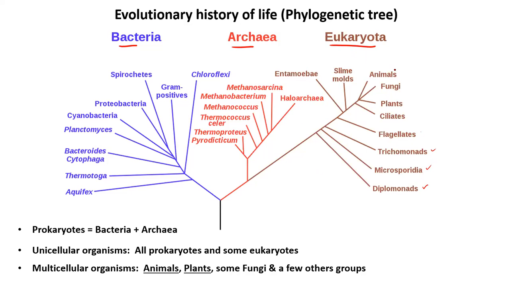But for the most part, the multicellular organisms are the animals, the plants, and some fungi. Okay, so some fungi are also multicellular, but not all of them. But all animals and all plants are multicellular. All right. So that kind of positions all the different groups of organisms.